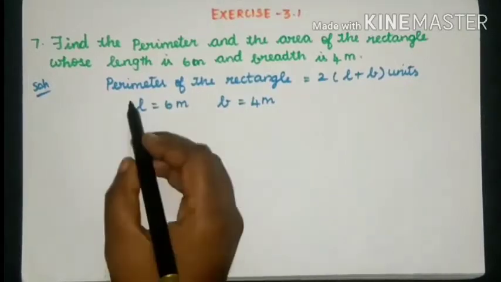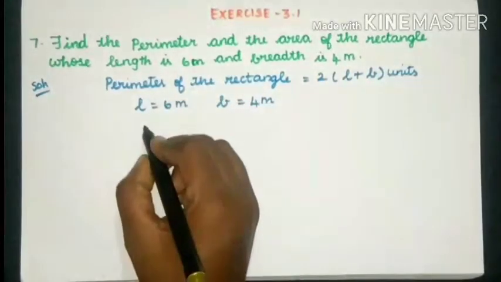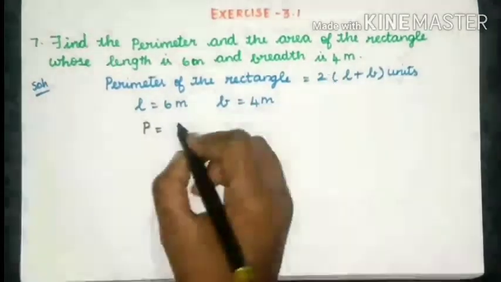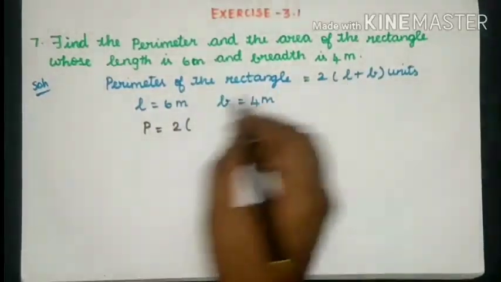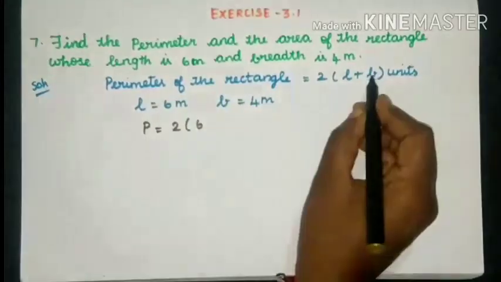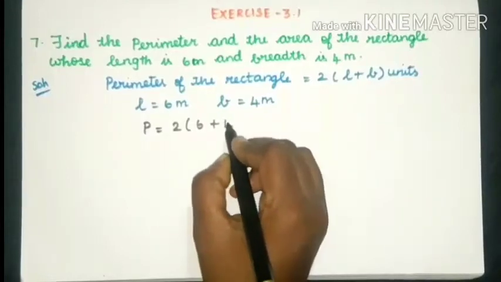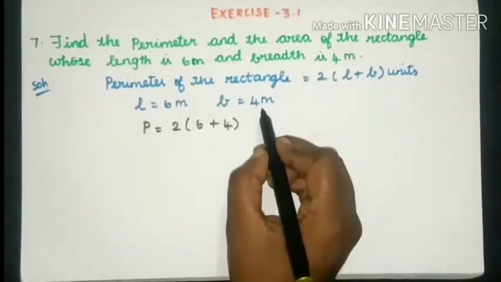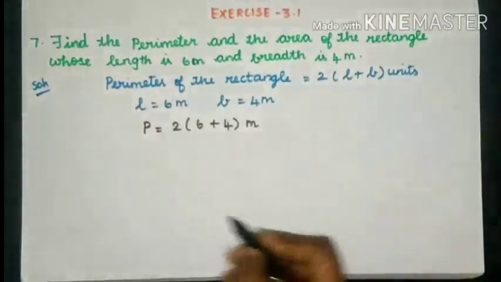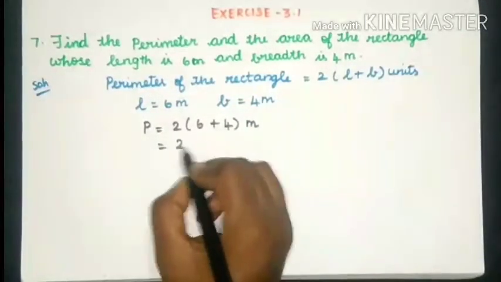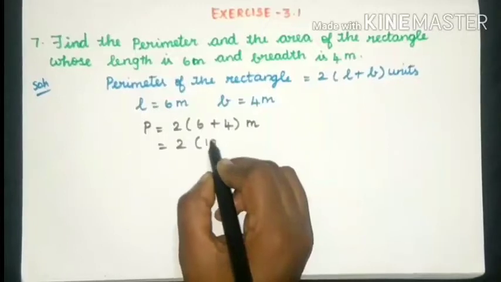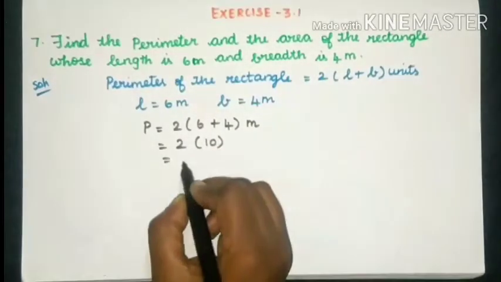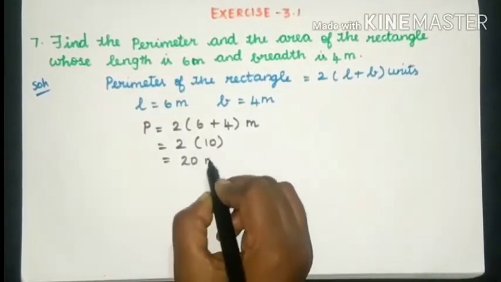First we have to find the perimeter of the rectangle. P equal to 2 into L value is 6 and the breadth value is 4. Here the given units are meter, so you have to write here M. 2 into 6 plus 4 equal to 10. 2 tens are, yes, 20 meter.